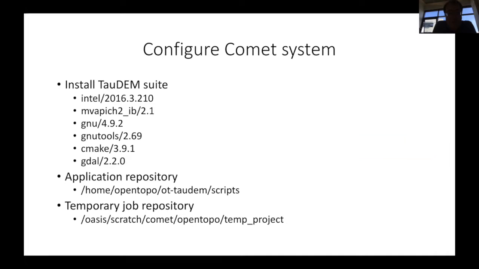We also set up a temporary job repository, which is the starting point: we just commit, start, and run the job and scripts, and then generate output, and it stages input files as well.